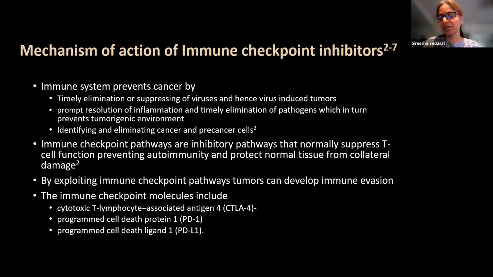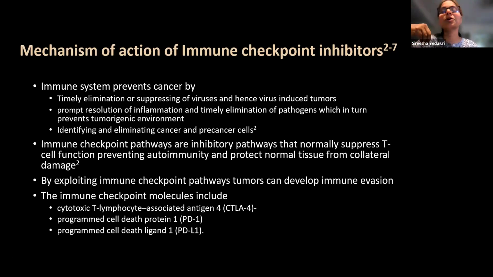Now there is so much emerging literature about an inflammatory environment leading to tumors. So the immune system plays a role not only in clearing them, but it also gets inactivated in a timely manner. The inflammation subsides and everything settles back to normal. The immune system also identifies and eliminates cancer and precancer cells. That is its job 24/7.